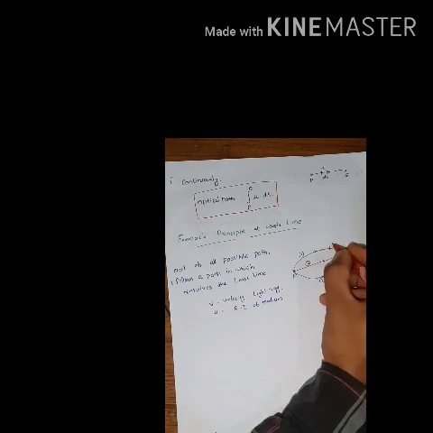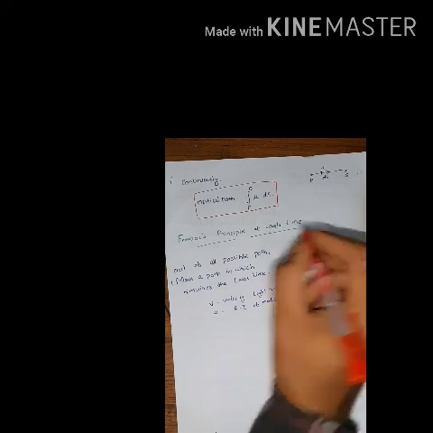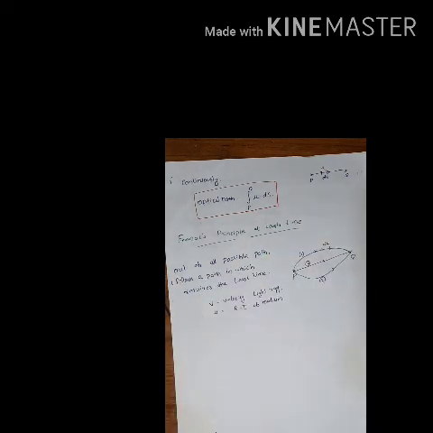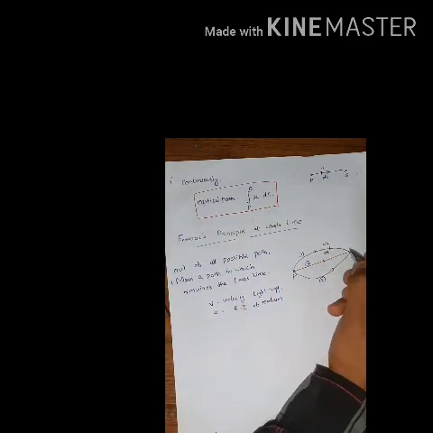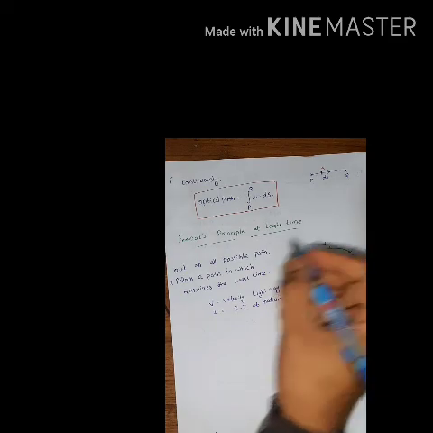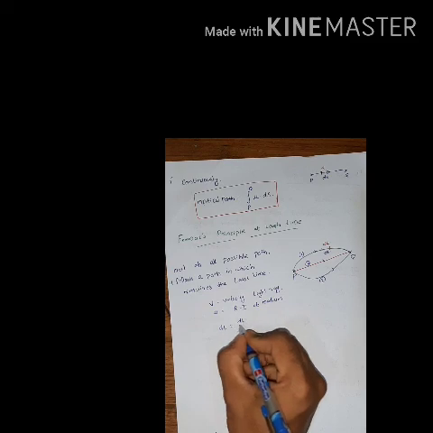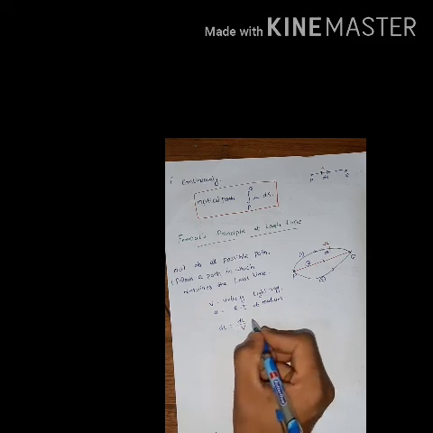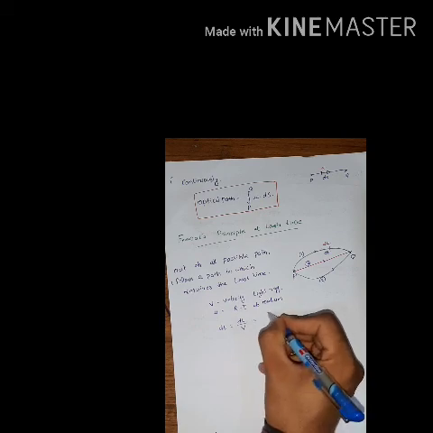A small distance dl in the first path, and the light ray consumes a time dt to travel the small distance dl. So we can write dt is equal to dl divided by v, and we have v is equal to c by mu.